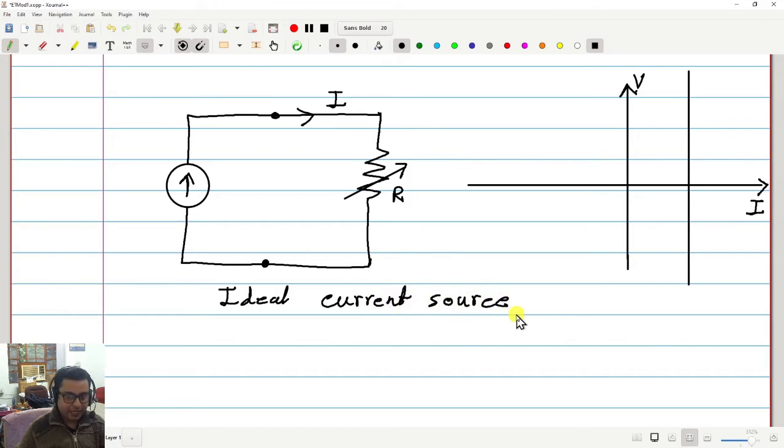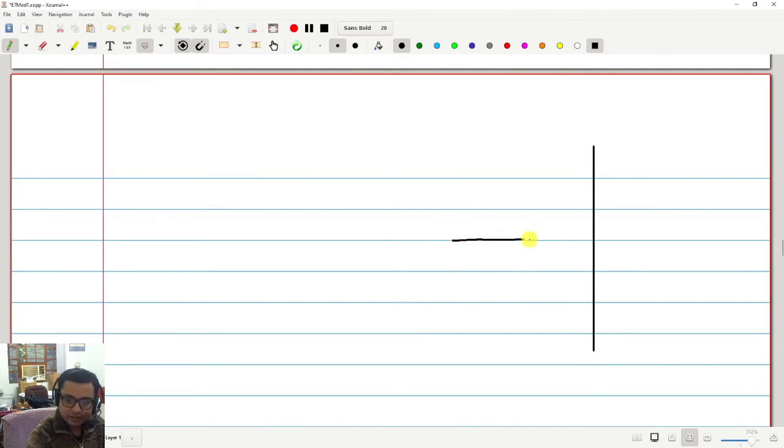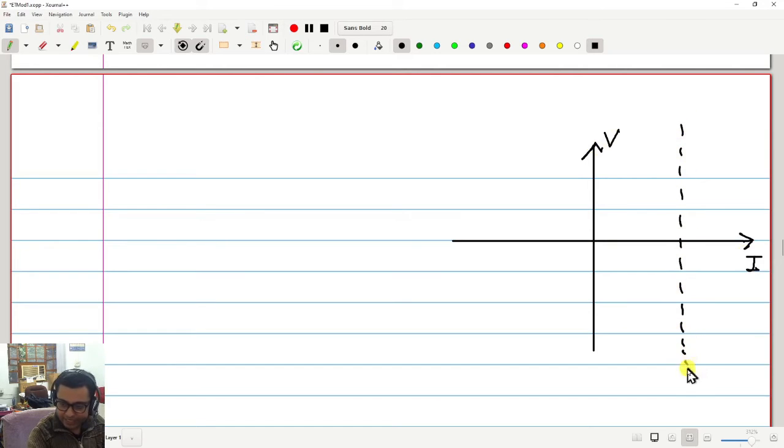But if we take a practical one and do an experiment with it, then this graph will look like this. So this is the ideal characteristic, where current remains constant. But for a practical one, the value of the current gradually drops as the voltage is increasing.